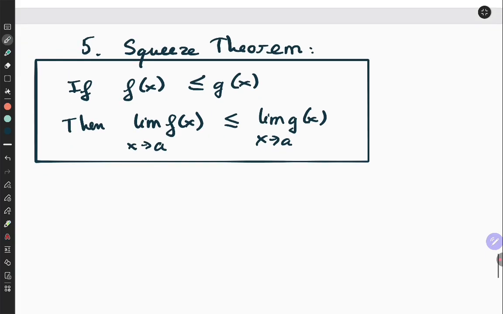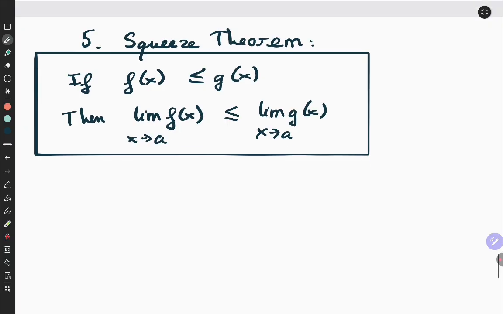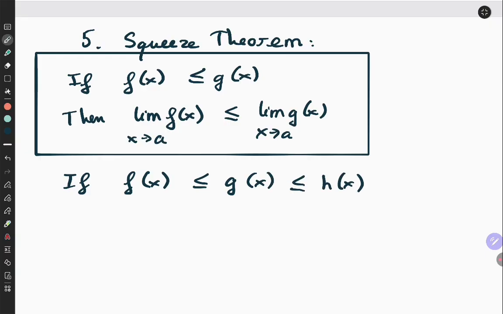If we upgrade the version, if we have 3 functions, and they lie in an order such that f is less than g, less than h, so now 3 functions, then the inequality stays consistent too.